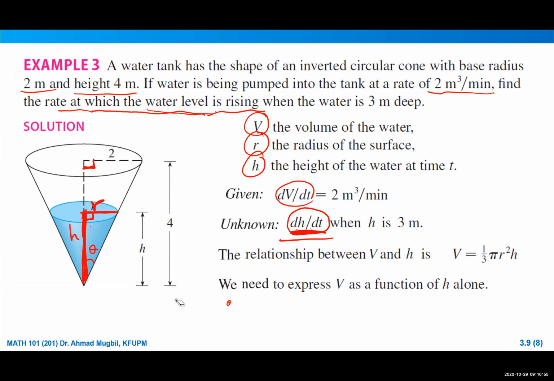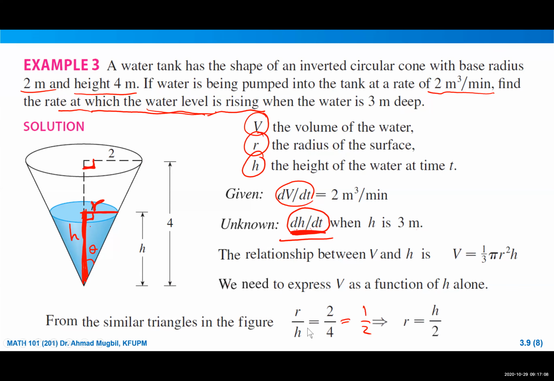Now, as I said, from the similarity of the triangles, we have R over H equals 2 over 4. And from here, it is a half, which means that R is just half of H. Interesting. The radius here is half of the height. But doctor, here now, there is a square.